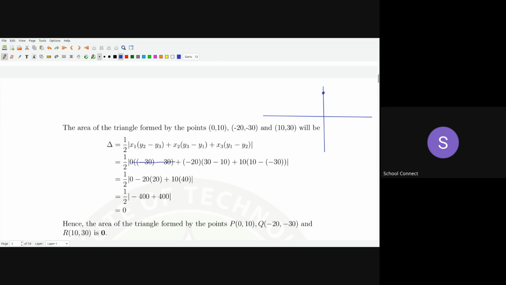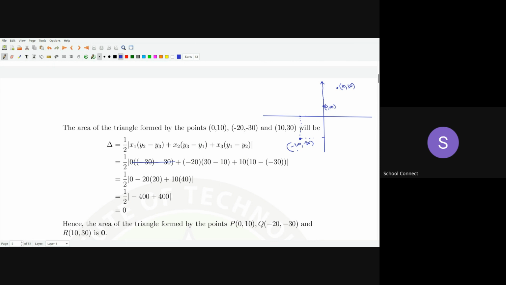You have a point 0 comma 10, and you have a point 10 comma 30, and there is minus 20 comma minus 30.